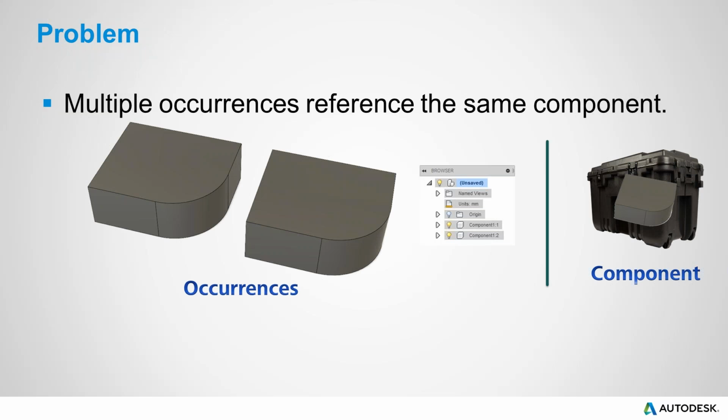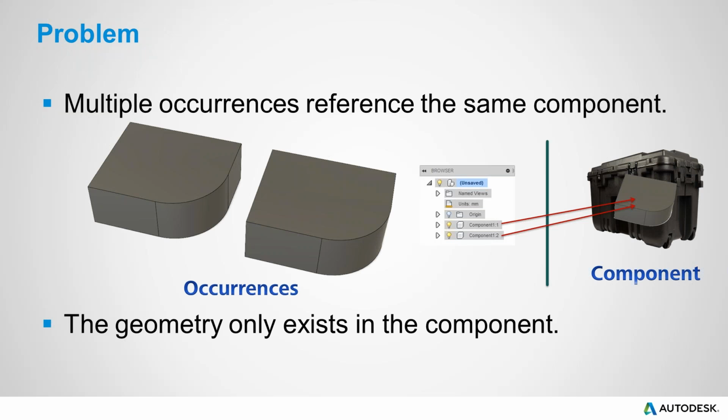So the real data is inside the component, and these two occurrences are referencing that data. All right, so the real geometry only exists inside the component. And these occurrences that I see and interact with on the screen as a user are just reflections of that real geometry.